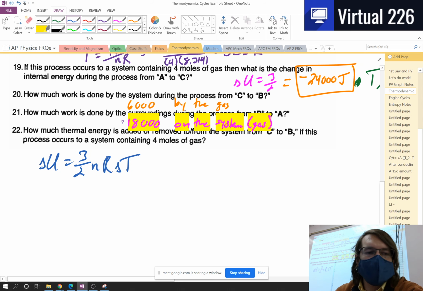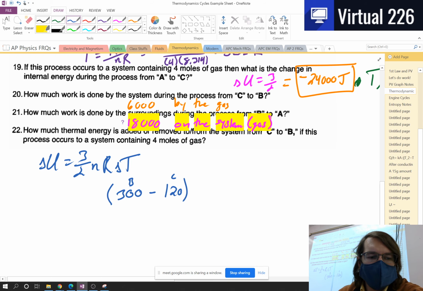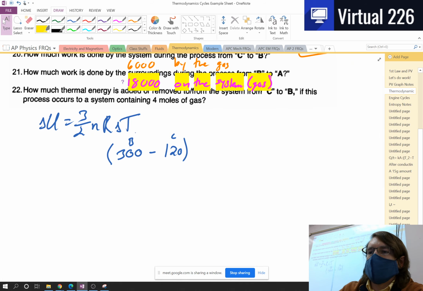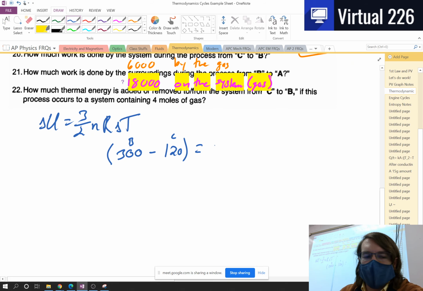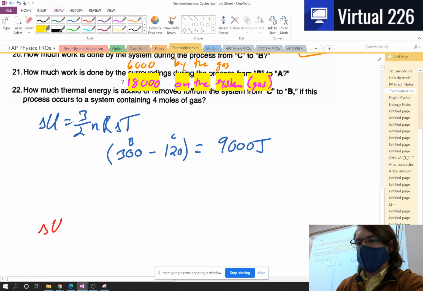When we run this, our two temperatures here are going to be 300 minus 120. That is the temperature of B and the temperature of C. And when we do this for the 4 moles of gas and the 8.314, we're going to get a delta U of 9,000 joules.